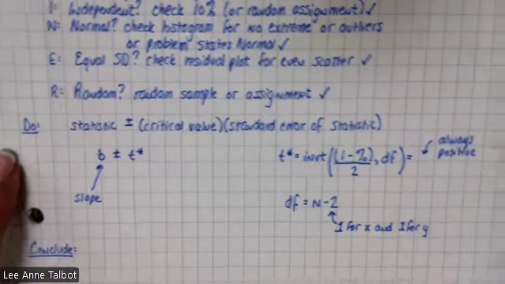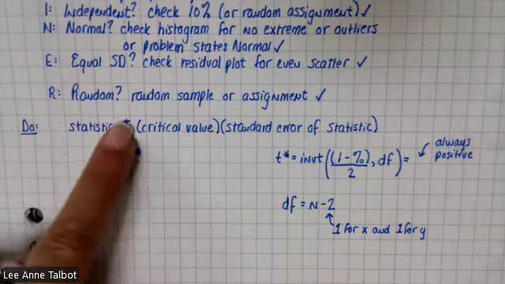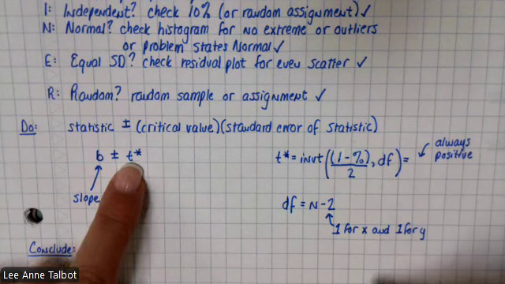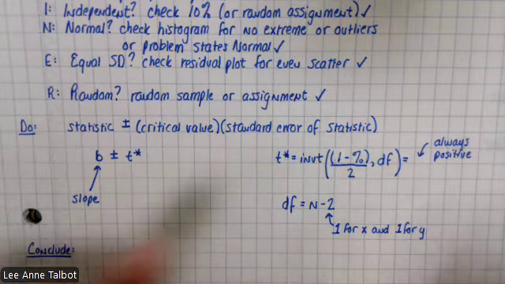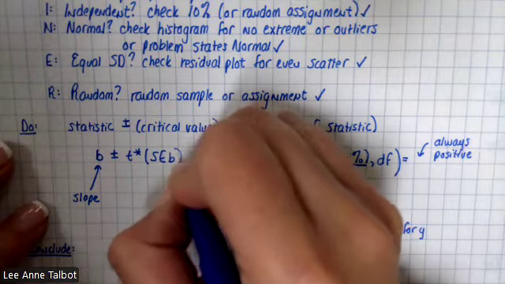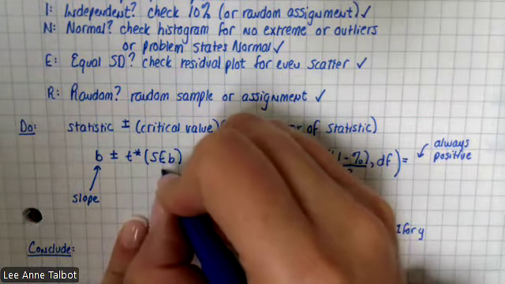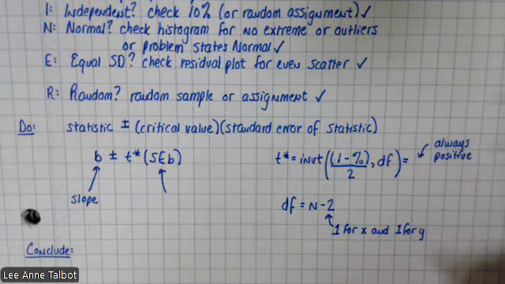Okay, so back to here, we have our statistic, which is our sample slope, plus or minus critical value, which is going to be t star. Just a reminder, that's how you calculate t star. Standard error of statistic looks like this: standard error of the slope, SEb. And this, you're not ever going to calculate. They gave you a formula for it.